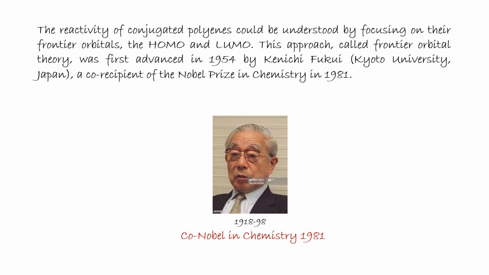The reactivity of conjugated polyenes can be understood by focusing on their frontier orbitals, HOMO and LUMO. This approach, called frontier orbital theory, was first advanced in 1954 by Kenichi Fukui at Kyoto University, Japan, and he was a co-recipient of the Nobel Prize in Chemistry in 1981 with Roald Hoffmann for his work.